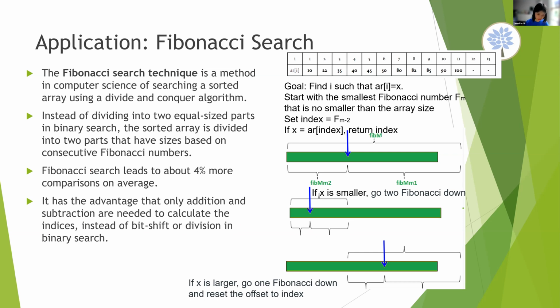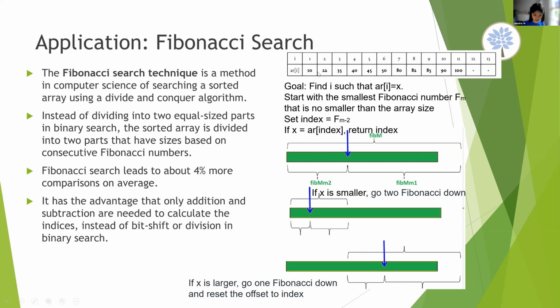Instead of dividing into two equal-sized parts as in binary search, the sorted array is divided into two parts of sizes based on consecutive Fibonacci numbers. So this is a practical application wielding the Fibonacci numbers.